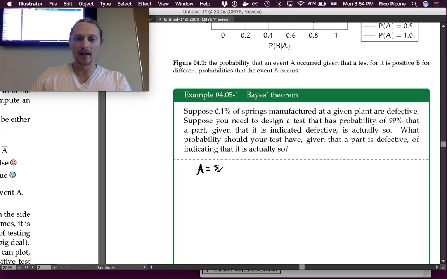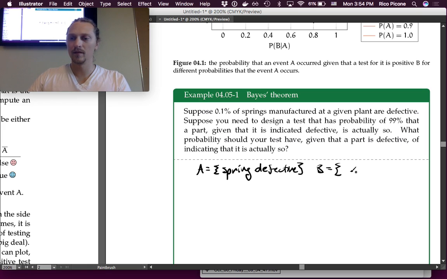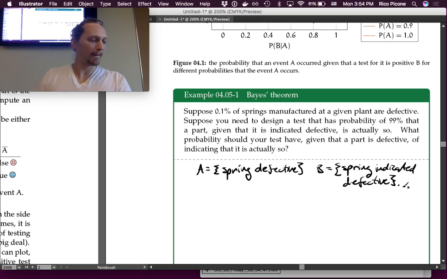So we'll say event A is spring defective, and B is spring indicated defective. We know that the probability of A occurring is 0.1%, so 0.001.